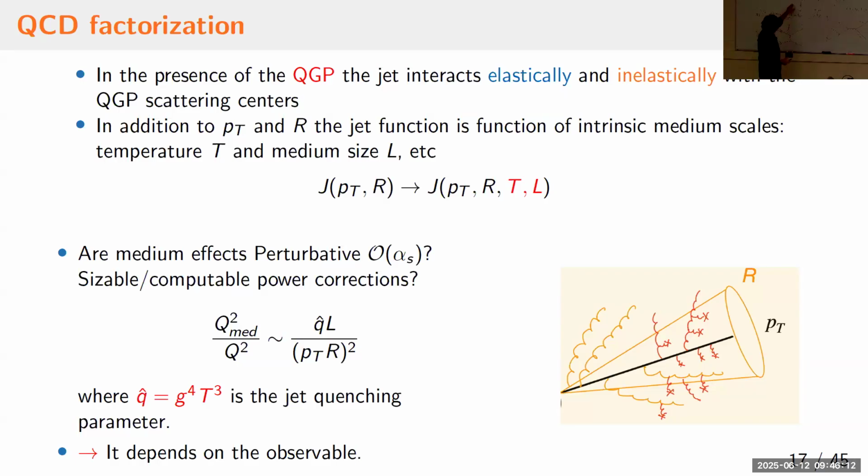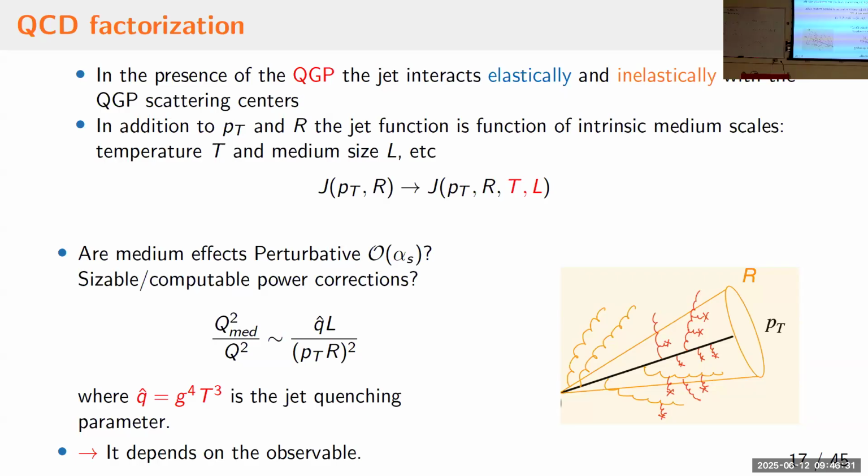You can view it this way: the time scale it takes to form this type of process, t, is of order 1 over pT. Put in numbers, let's say 100 GeV, and you get a tiny fraction of a Fermi. So it's instantaneous.